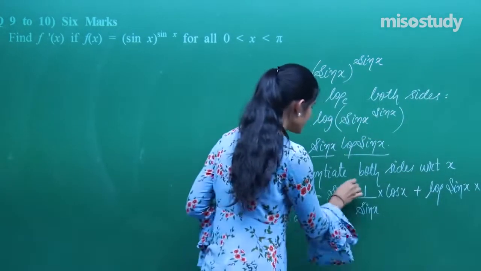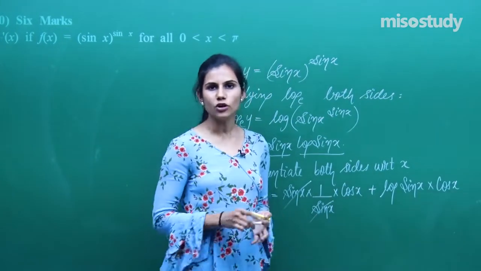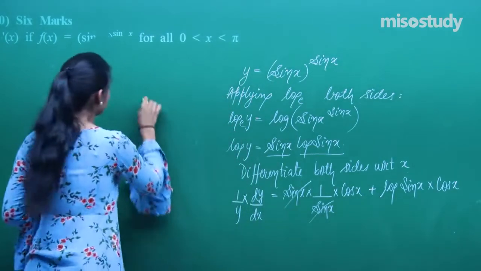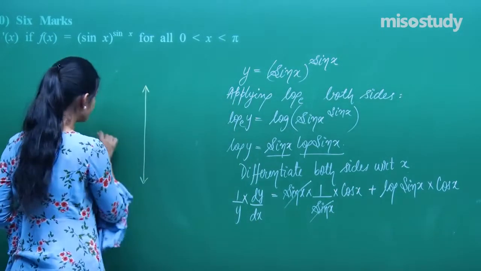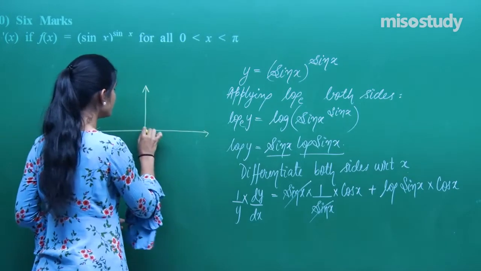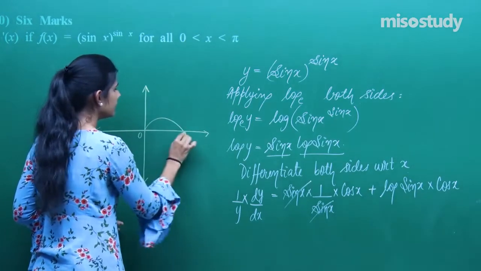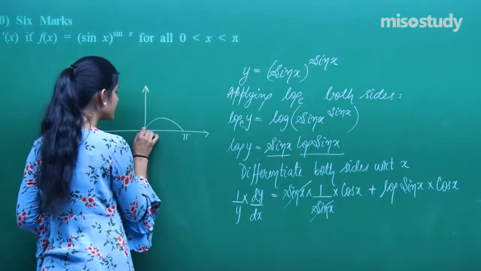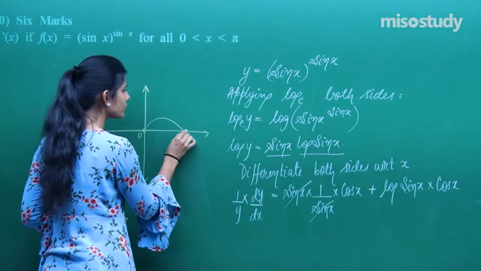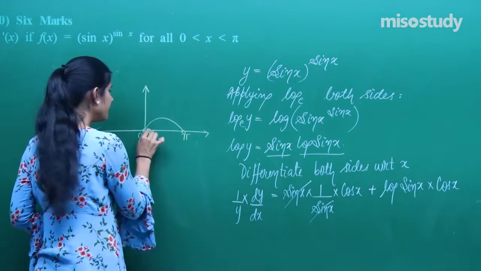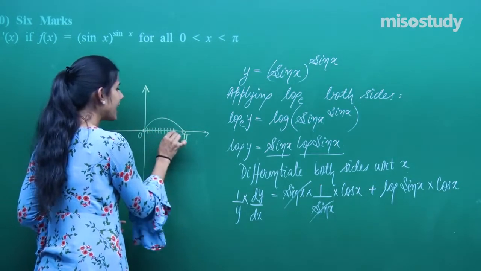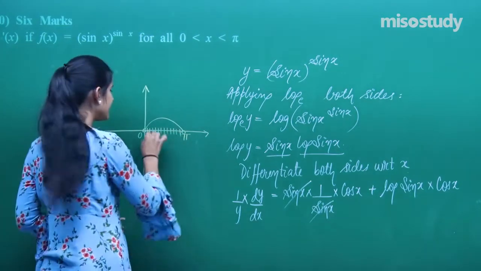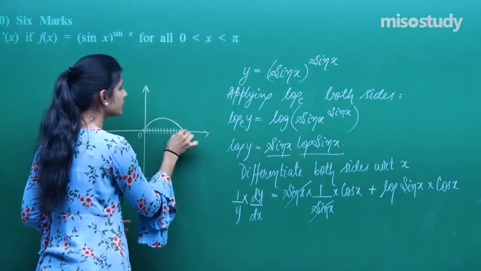Here I am interested in cancelling this out. Can I do that or not? Of course I can. Why? Because x is lying between 0 and pi. If you recall the sine graph, this is 0, this is pi. If x is strictly lying between 0 and pi, that means it is not assuming the value 0, not assuming the value pi. Then at any angle strictly between 0 and pi, it is forever attaining a positive value.